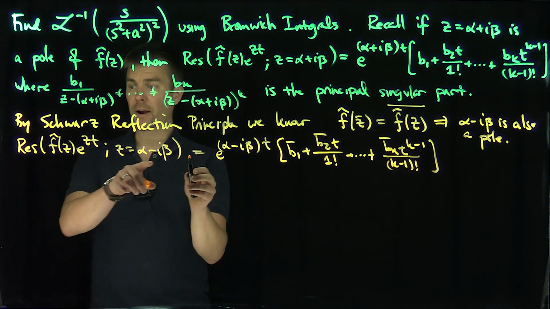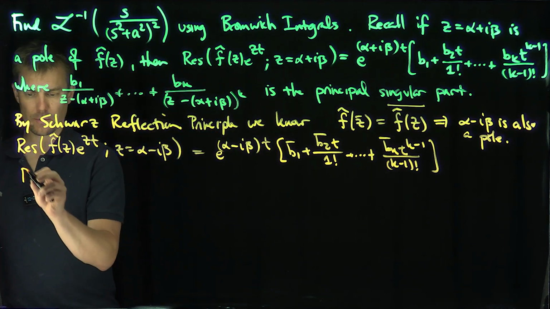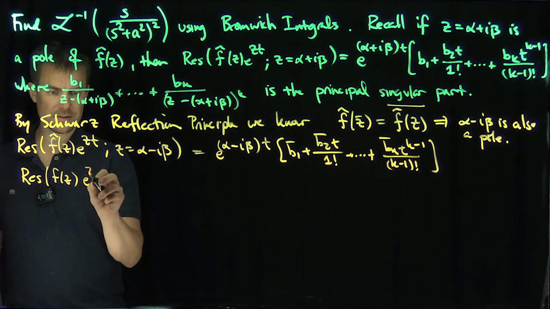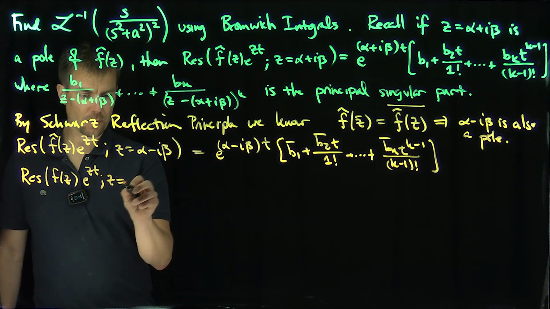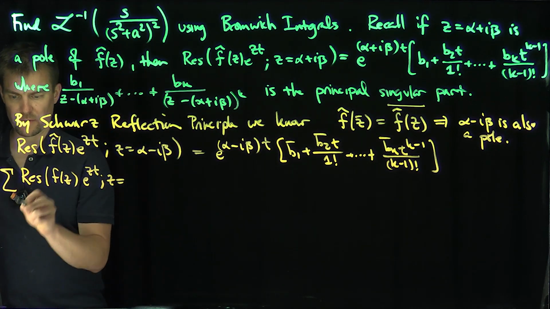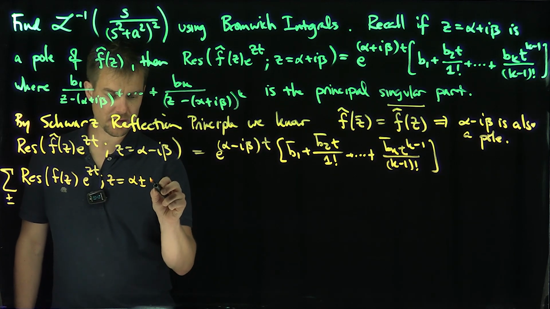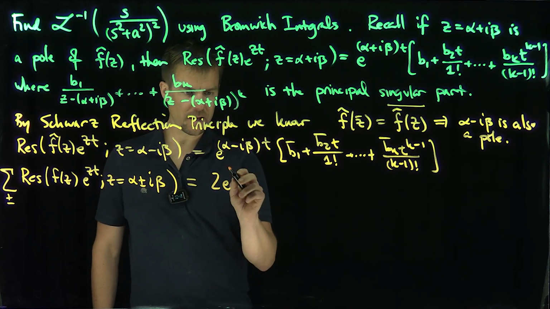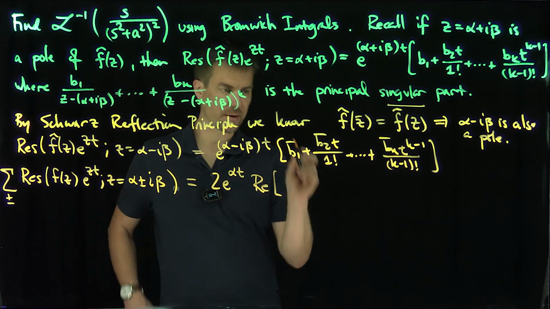And now I can add these two things together, because they come in pairs. If I pair these off, the sum of the two residues of f tilde of z e to the zt, summing over plus minus, at z equals alpha plus minus i beta, is going to be 2 e to the alpha t times the real part, because the real part is this plus its conjugate.